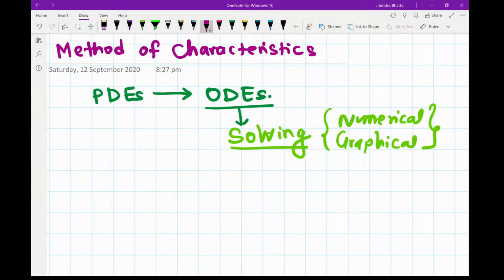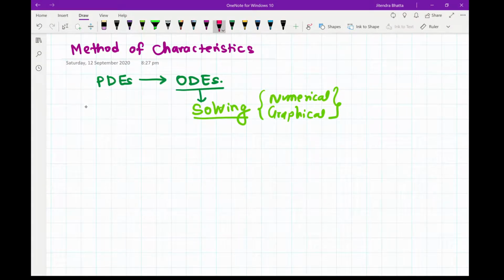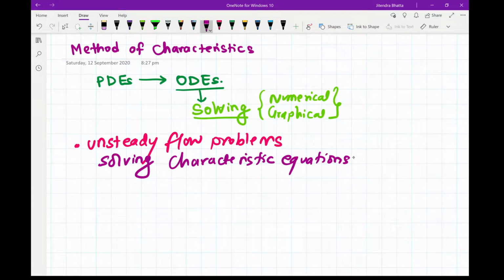methods. Method of characteristics is generally used to solve problems related to unsteady flow problems. Now this implies solving characteristic equations of unsteady flows.